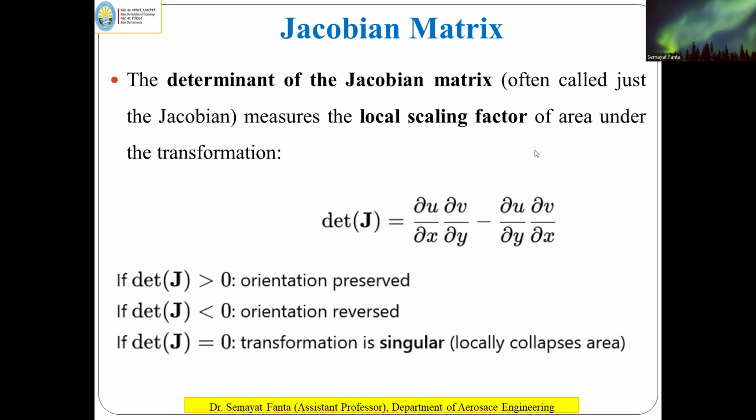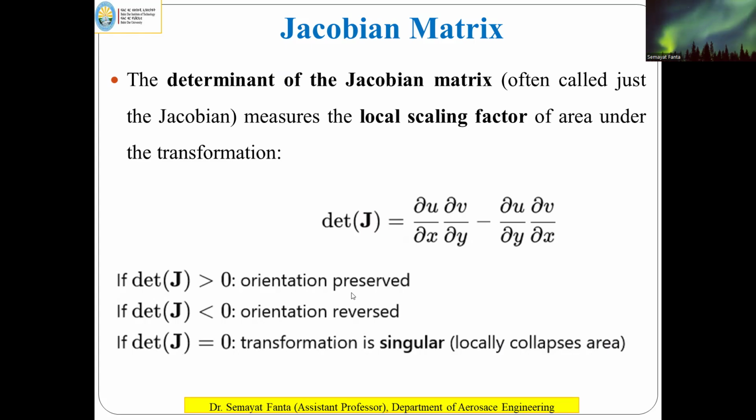So the determinant of J is equal to du/dx times dv/dy minus du/dy times dv/dx. If the determinant is greater than 0, orientation is preserved. If the determinant is less than 0, orientation is reversed. And if the determinant is 0, it is just a singularity point or a locally collapsed area.